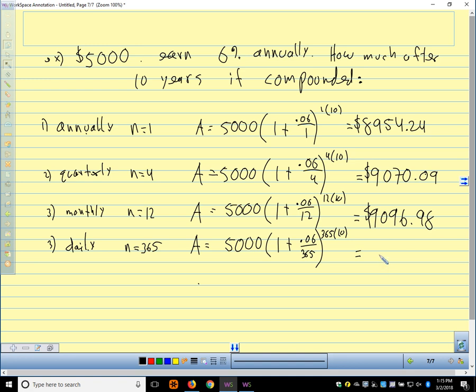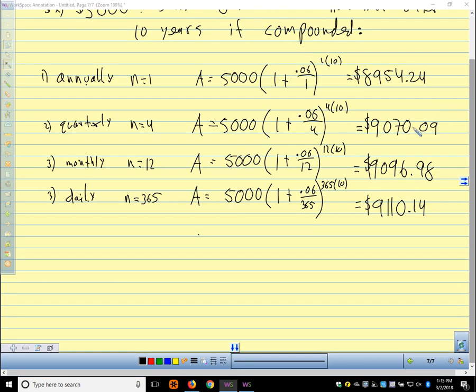And in that case, I get 9110.14. So a little bit more, even though we're compounding a lot more often. We could keep going. We could compound every hour, every minute, every second. Eventually, we're compounding what we call continuously.